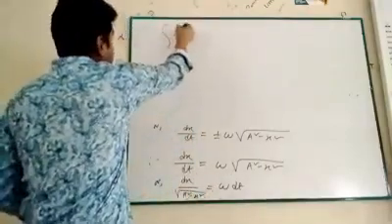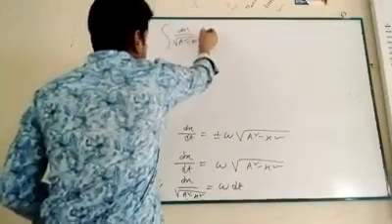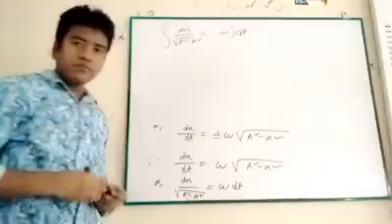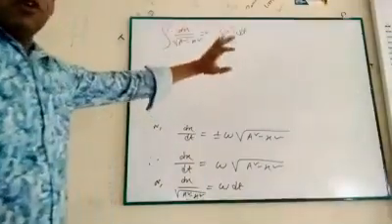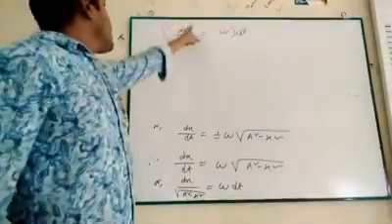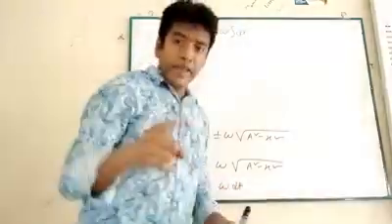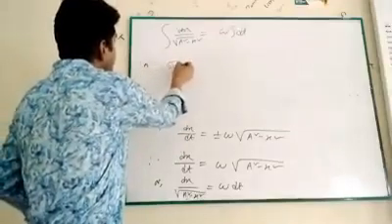I have to integrate this: dx over √(a² minus x²) equal to ω integration dt. We know as per the rules of integration, dx by root over a² minus x² equal to sin inverse x by a.